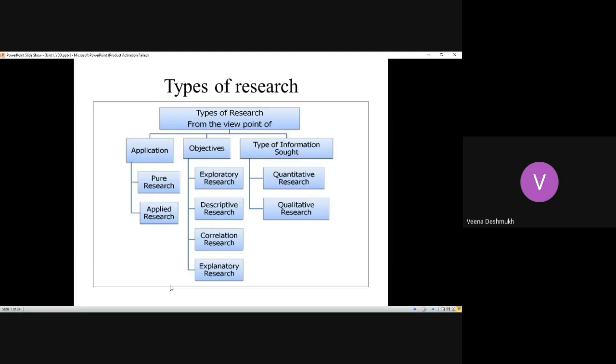So this is the difference between pure research and applied research. Where the research, whatever the device, is immediately application oriented, it is applied research. Whereas pure research is about how exactly this evolved.